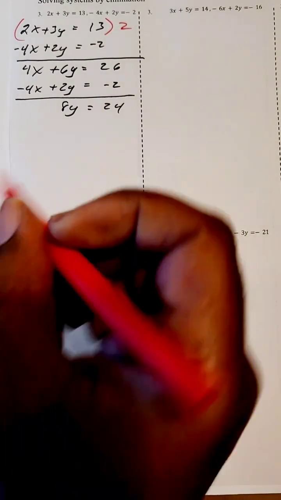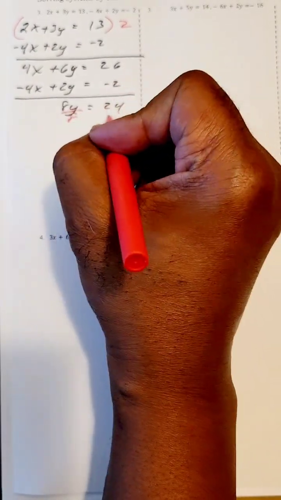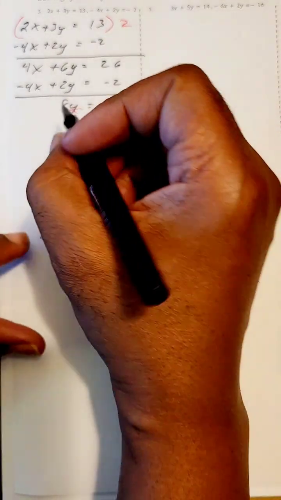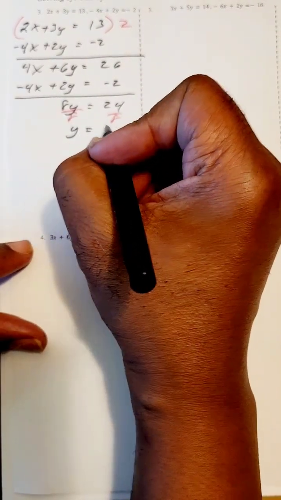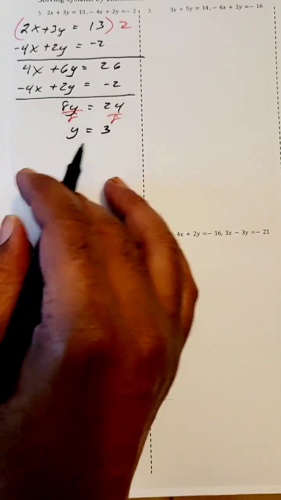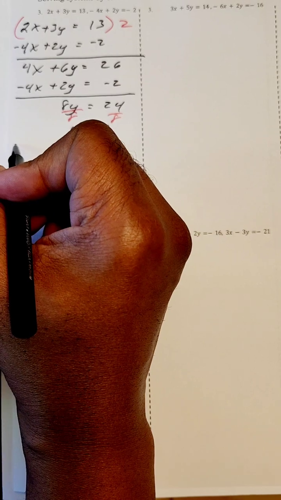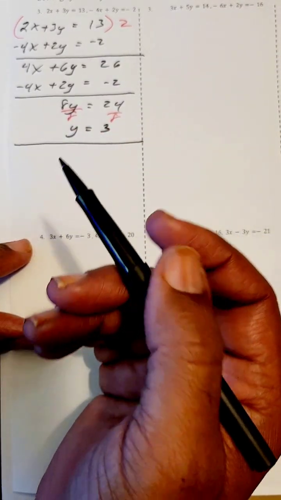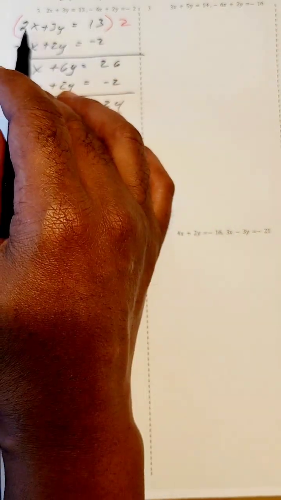Now we'll solve for y by dividing both sides by 8. And we'll end up with y equals 3. So y is solved. Now for x, to solve for x, I'm going to use the first equation, which is 2x plus 3y equals 13.